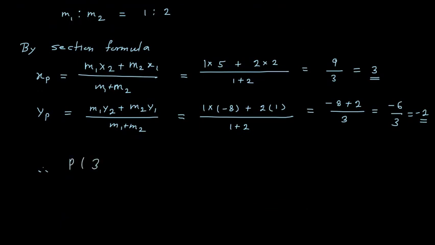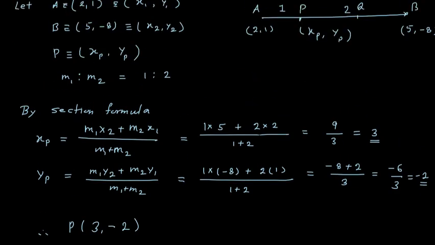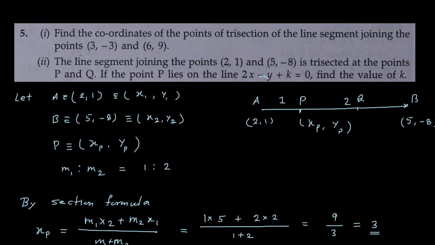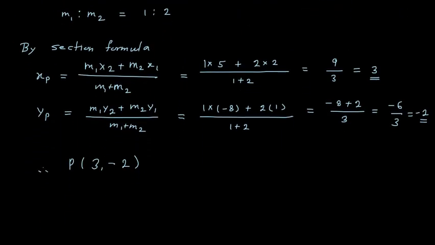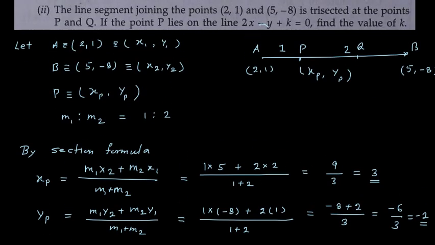Now this point P lies on 2x minus y plus k equals 0. So point P lies on the line 2x minus y plus k equal to 0.